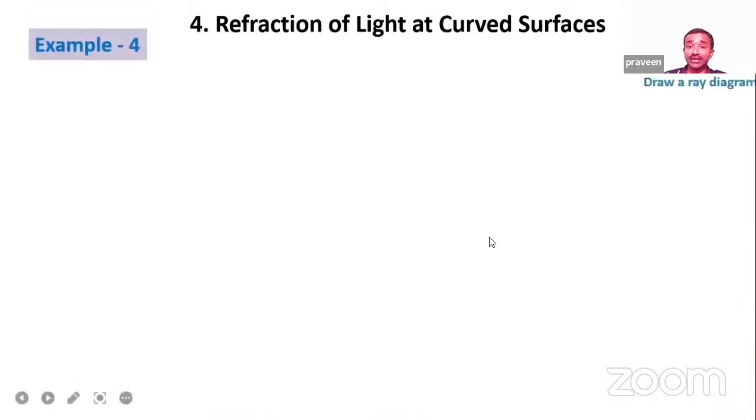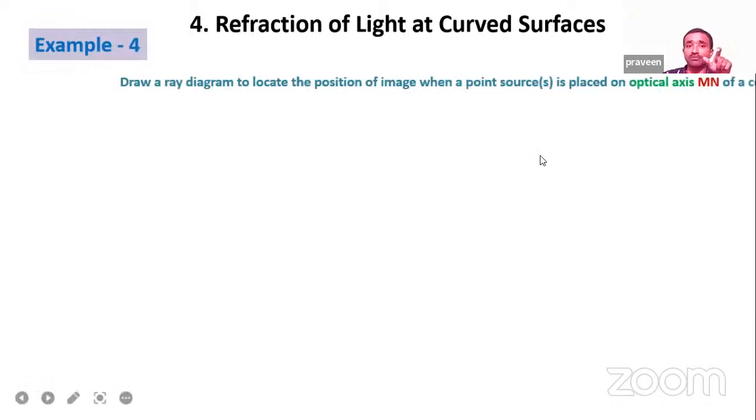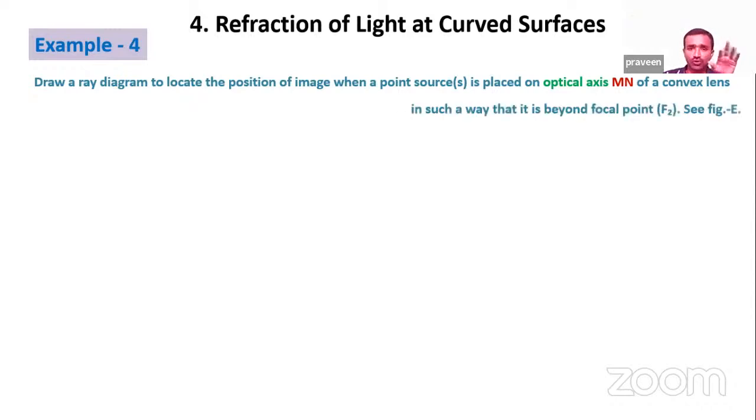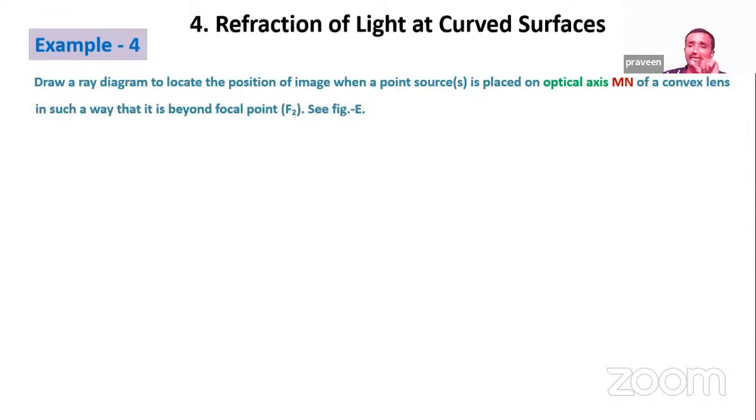So what is actually asked? Draw a ray diagram to locate the position of the image when a point source is placed on the optical axis MN of a convex lens. As you see in the figure, which is given in your textbook, the source is beyond the focal point.